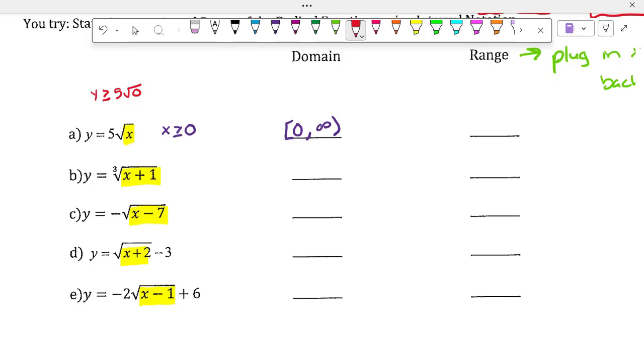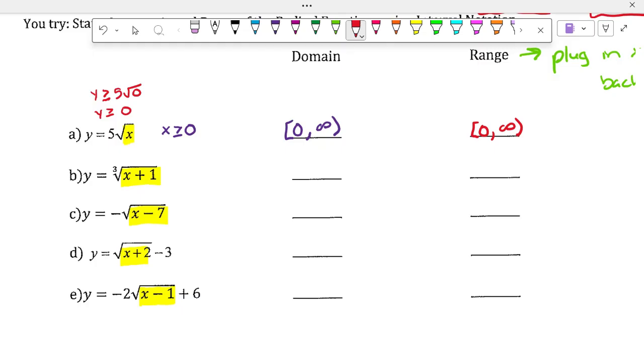Square root of 0 is 0, times 5 is just 0. So y has to be greater than or equal to 0. How do I write that in interval notation, Blake? Bracket 0. Will it just be the infinity part? Yep. Good.